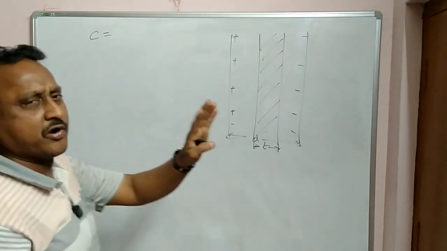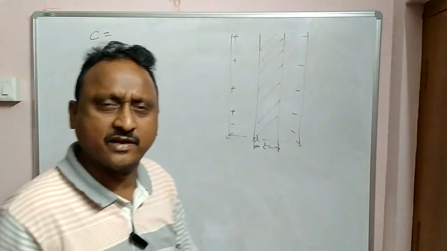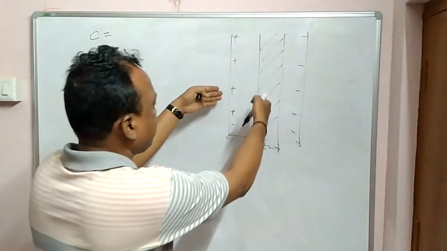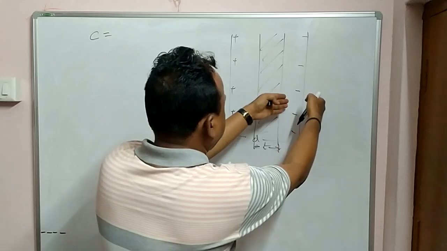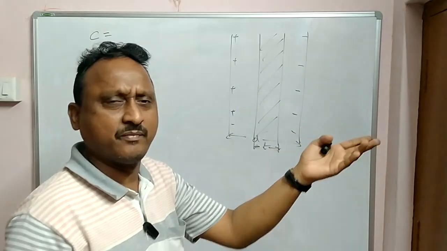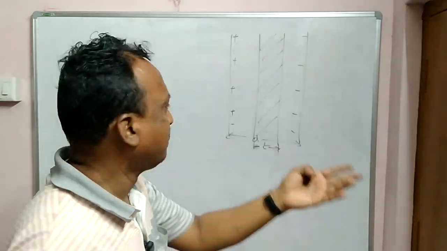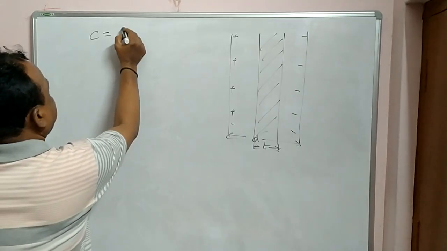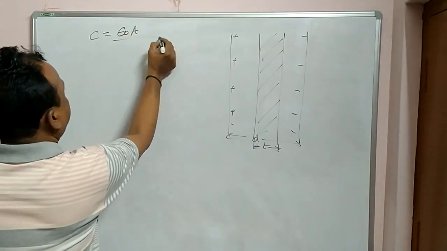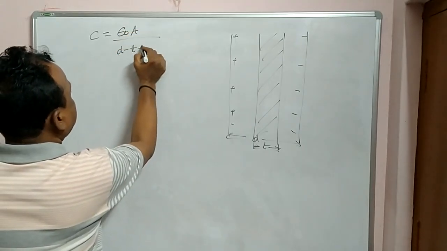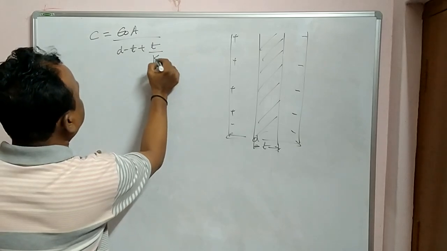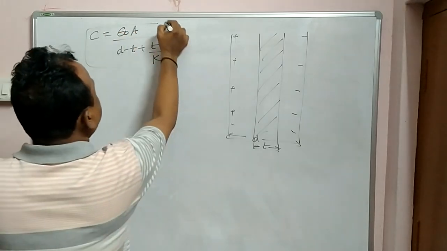See, I am not doing the derivation directly; I am giving it because mainly we are concentrating on MSET. If you want the derivation, this is a series connection: the series formula 1 by C1 plus 1 by C2 plus 1 by C3. So here you will get epsilon naught A by d minus t plus t by K. Please note down this formula.